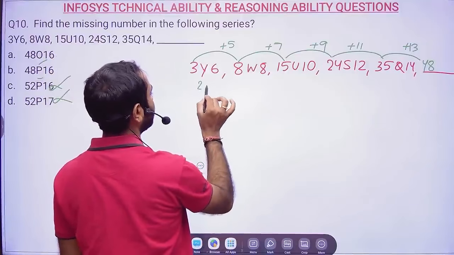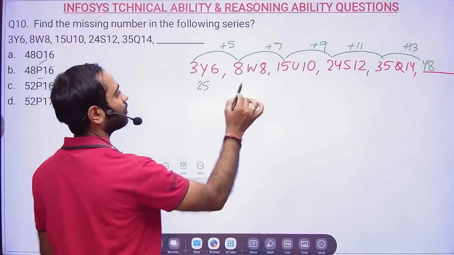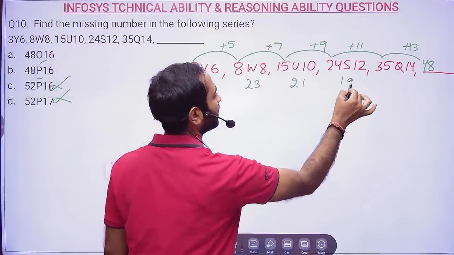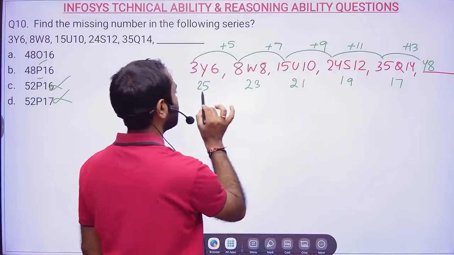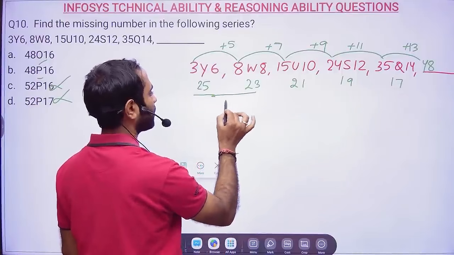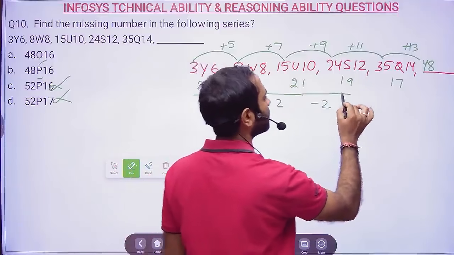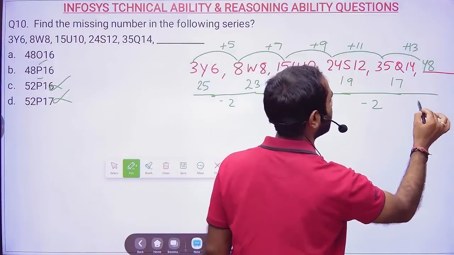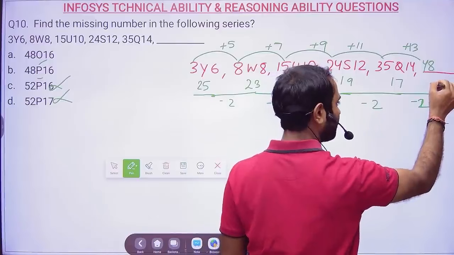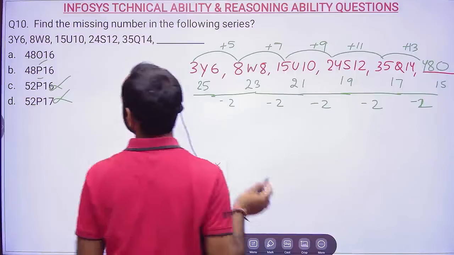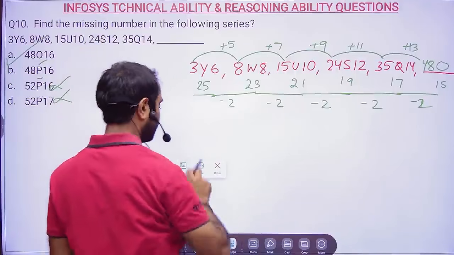This is Y is 25, correct? No, this is 23, this is 21, this is 19, this is 17. So 25 minus 2, 23 minus 2, 21 minus 2, then here it will be minus 2 again. So it will be 15, and 15 is nothing but O. So 48 O, option A will be the correct answer, right?